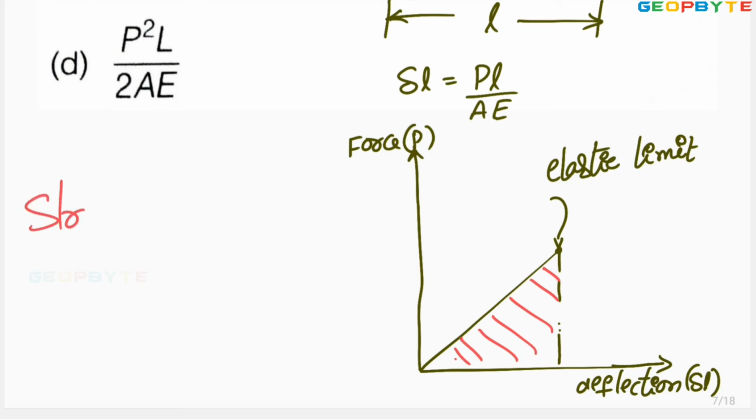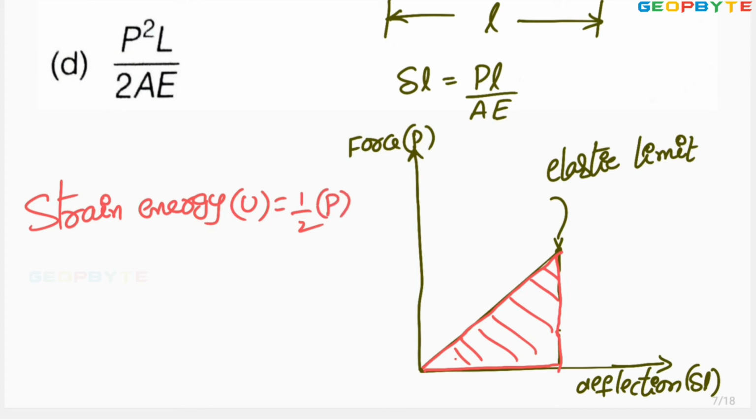Therefore, strain energy U equal to, since it is looking like a right angle triangle, the area of that right angle triangle is equal to strain energy. Half into force into deflection, which is the change in length.